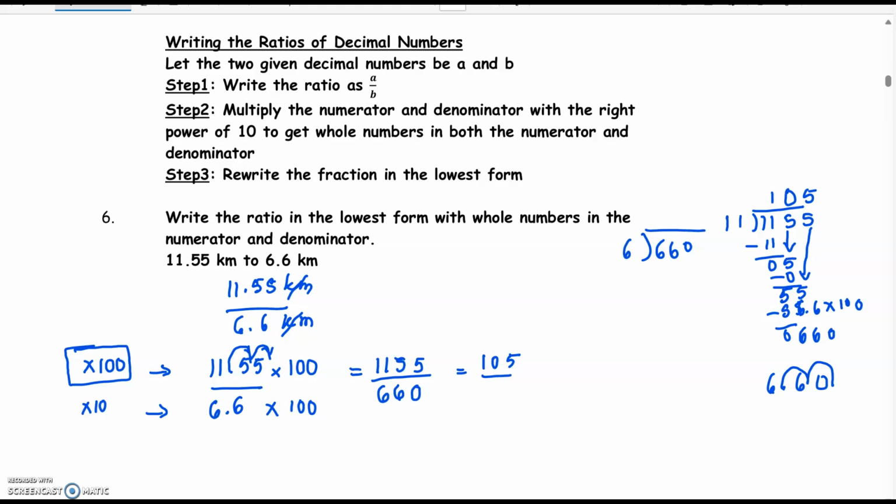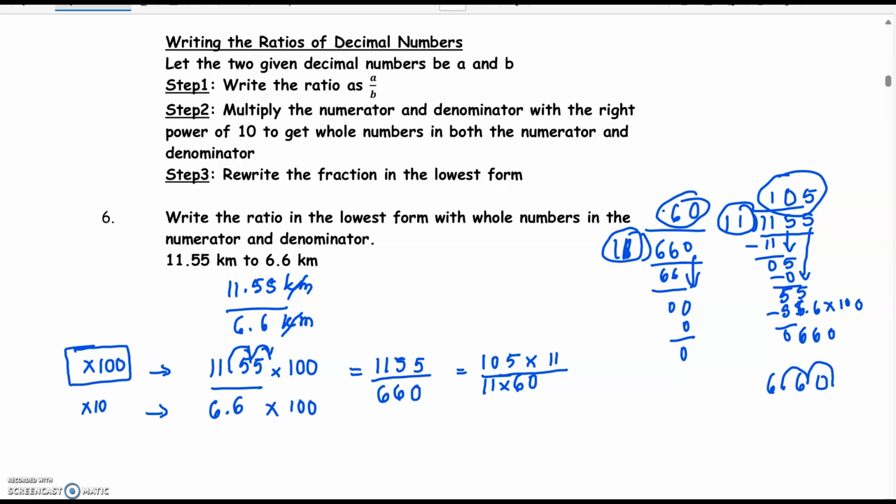So 11 sixes are 66. Bring the 0 down, 11 zeros are 0, and we get 60. This is 105 times 11. So 105 times 11 is 1155. 60 times 11 is 660.